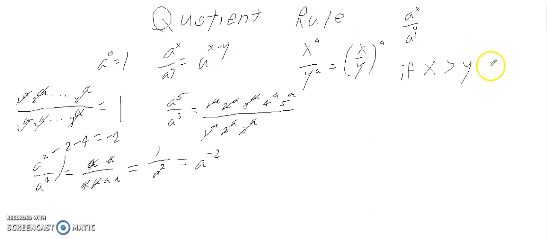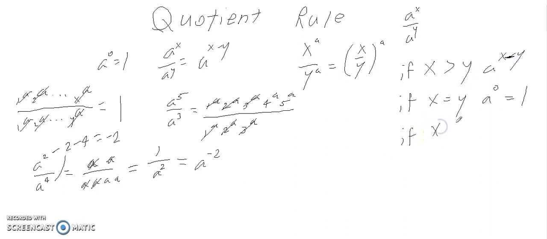Then it's a to the x minus y. If x equals y, then it is a to the 0, which equals 1.